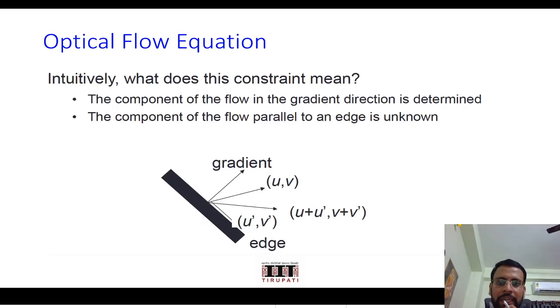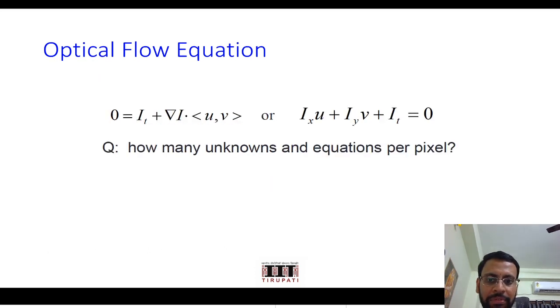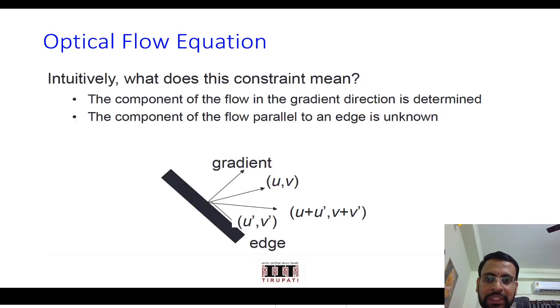Let's take a geometric representation of this. In your image, assume there is an edge that you are looking at, and a gradient of I is there. So when you have the gradient of I dot product with (u, v), that's what it is giving.